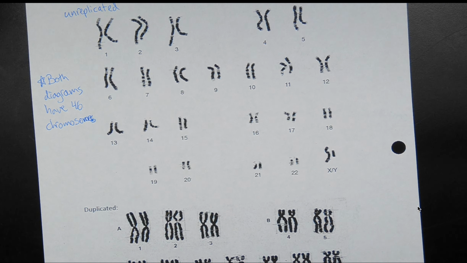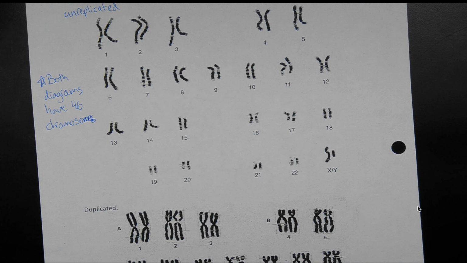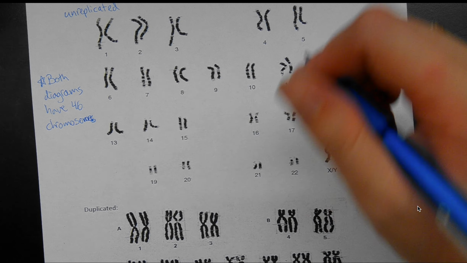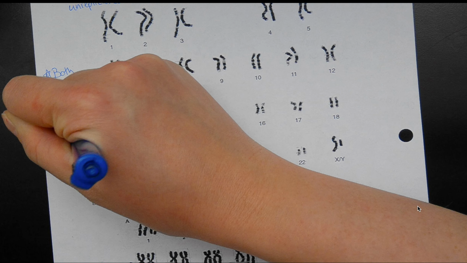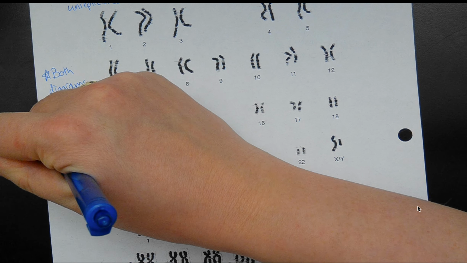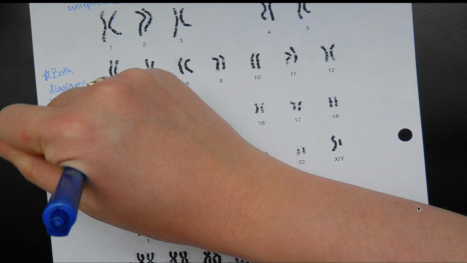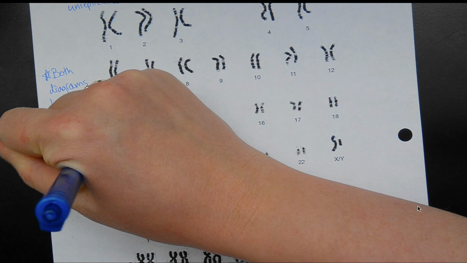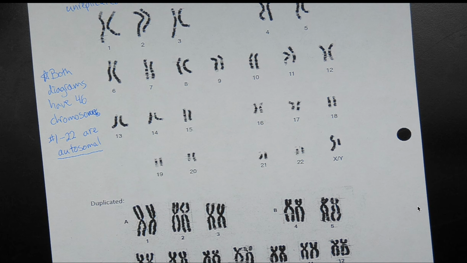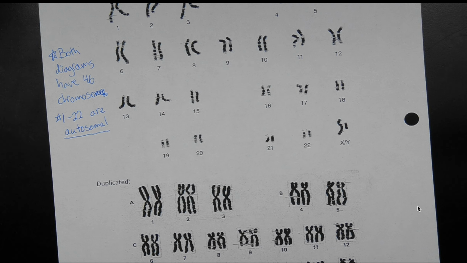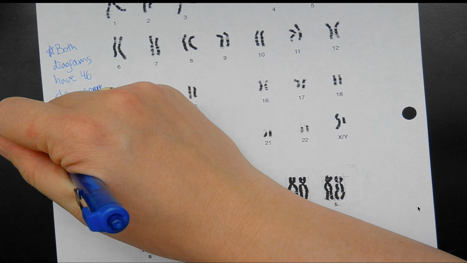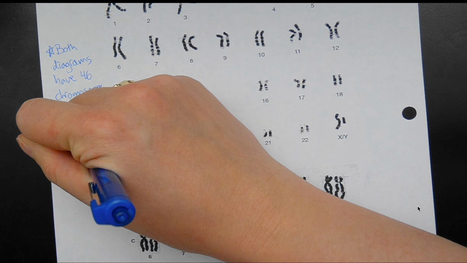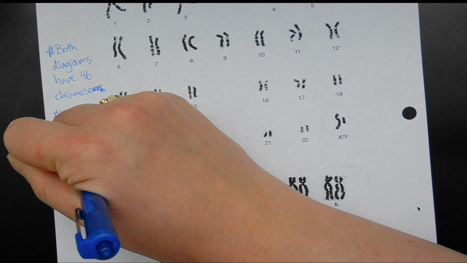Both diagrams have 46 chromosomes. So chromosomes that are numbered 1 to 22 are called autosomal. Okay, these chromosomes have nothing to do with your biological sex. And X/Y are sex chromosomes.